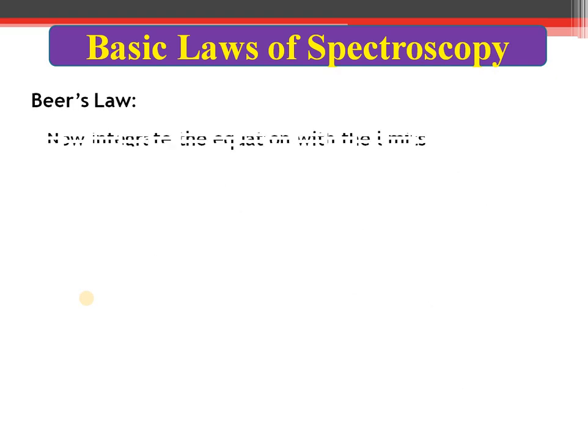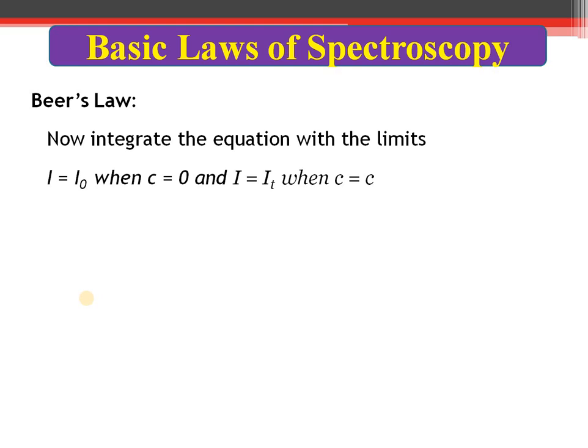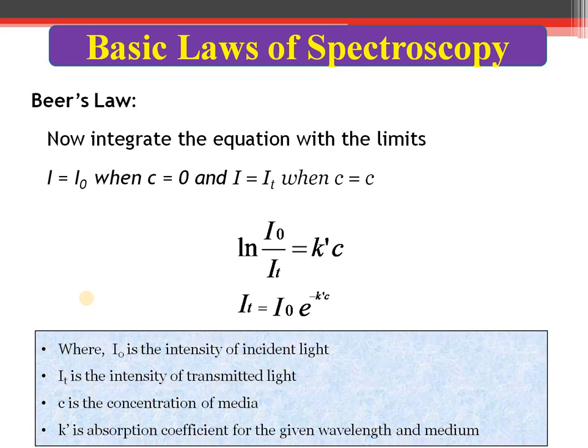Again, integrating both sides within the limits, when I equals I0, C is 0, and when I equals IT, C equals C. We get the solution ln of I0 upon IT equals k dash C. This can also be written as IT equals I0 into e raised to minus k dash C, where I0 is the intensity of incident light, IT is the intensity of the transmitted light, C is the concentration of the media, and k dash is the absorption coefficient for a given wavelength and medium.